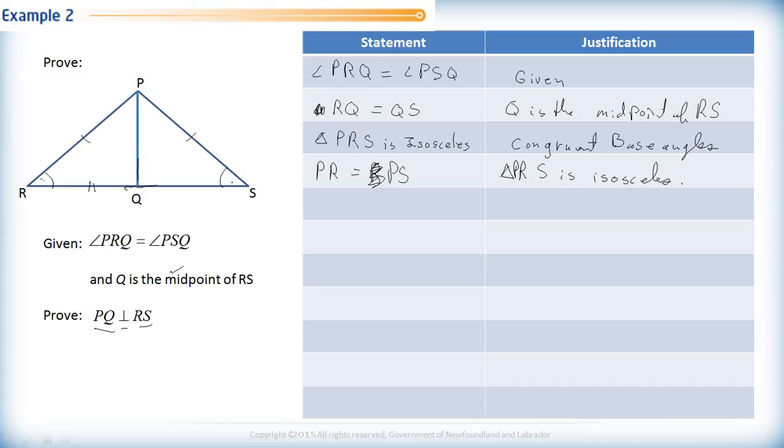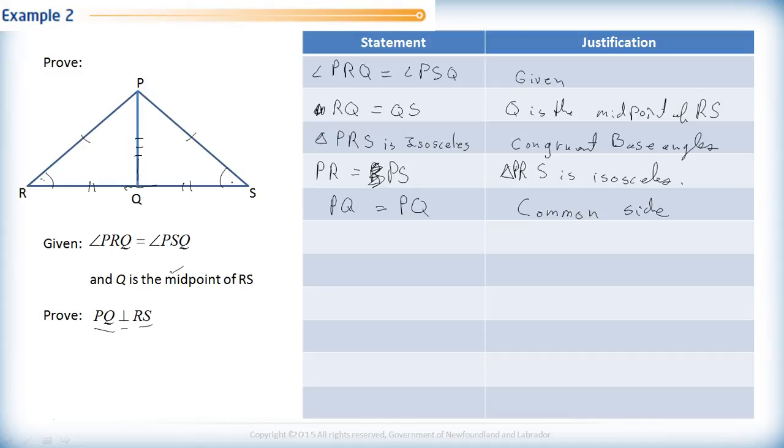Now what else do we have? Now look, we can show that these two triangles are congruent because they share this side in the middle. What we usually say for that is that PQ is equal to itself, which sounds silly, but it's a way for us to state that we're going to get the same side on both triangles here. So we say that that's a common side.